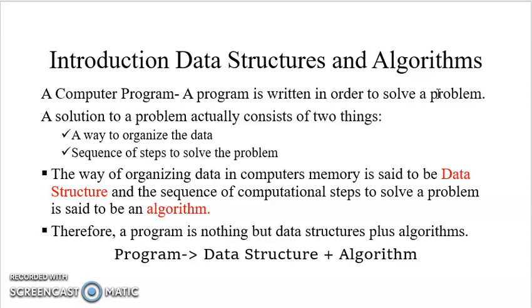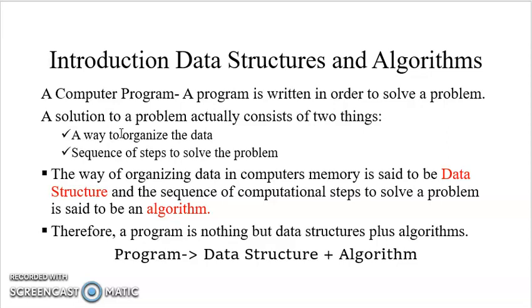So in general, a solution for a problem actually consists of two components. The first one is a way to organize data, because any program or instruction needs data, and that data must have its own organization.